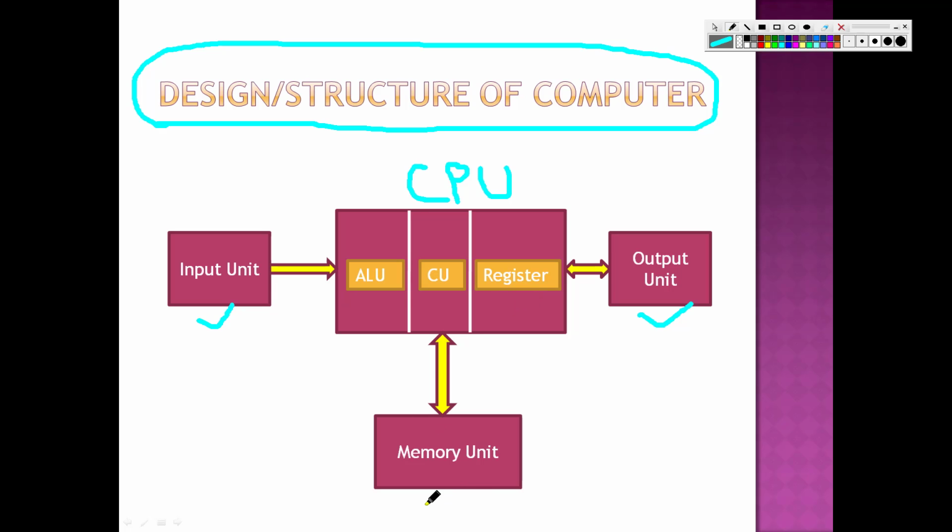In CPU there are 3 different blocks where different tasks are performed, and the fourth unit is the memory unit. So input, output, memory unit and CPU. Basically CPU has 3 components: ALU, CU and register.